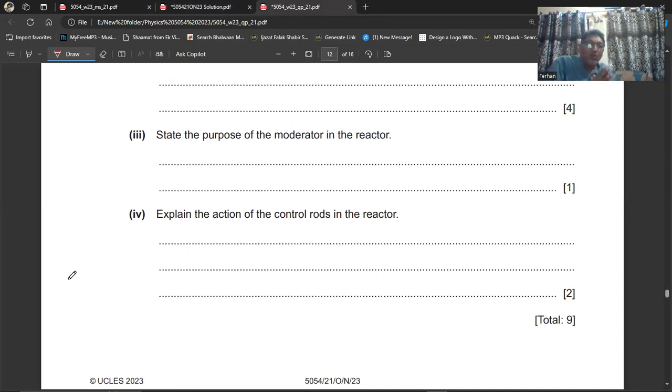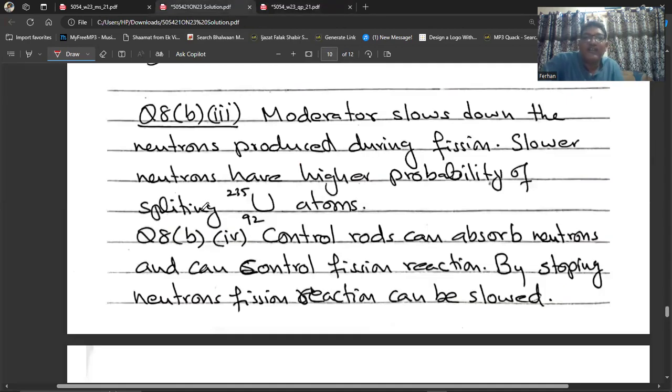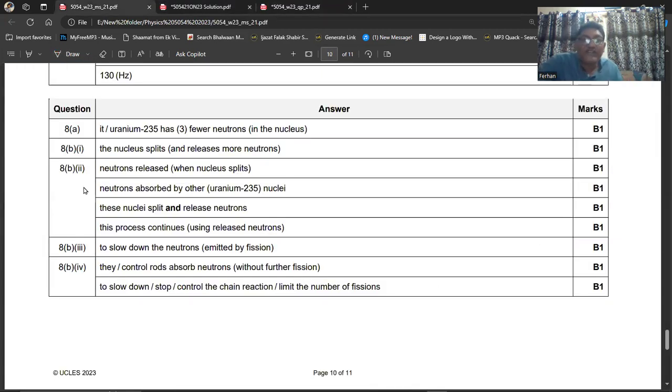So by the control rods, I am able to control this fission reaction. I can completely stop this fission reaction with the help of the control rods, or I can slow it down. Control rods can absorb neutrons and control the fission reaction. By stopping neutrons, the fission reaction can be slowed, or it can be controlled, you can say.